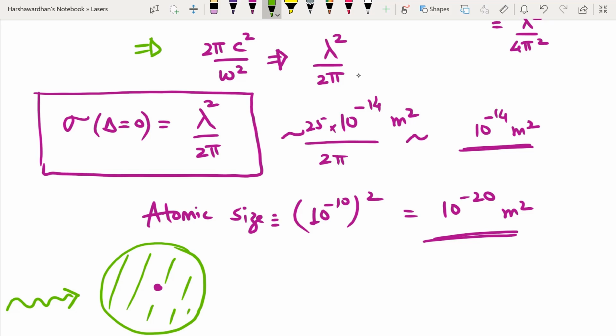Because you see this ratio is about 10 power of 6. So a resonant radiation interacts extremely strongly with the atom because of this apparent large cross section area.